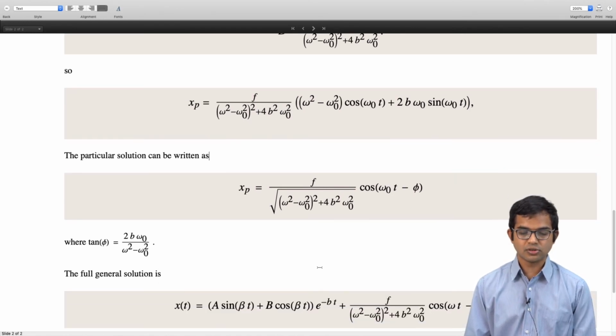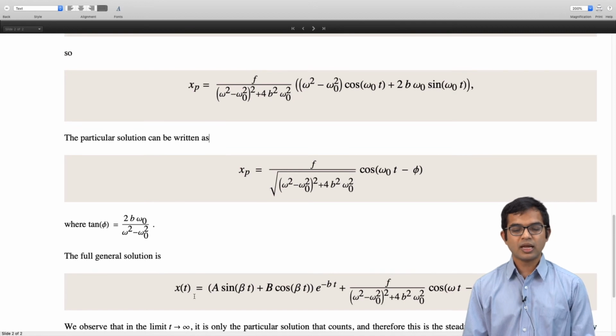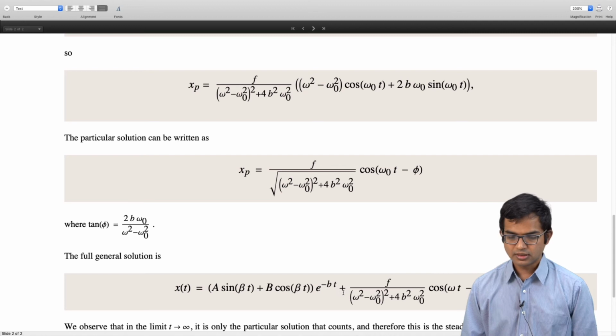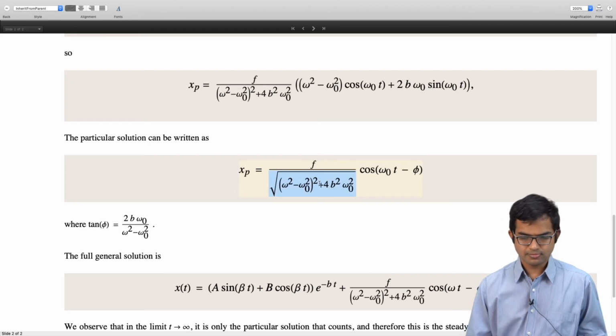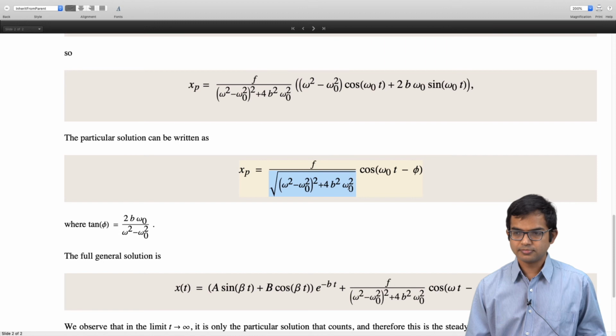So the full general solution, finally we can write it as x of t is equal to the complementary function plus this particular solution, right? Once again we are missing this square root, so we'll plug this in and put it in here.